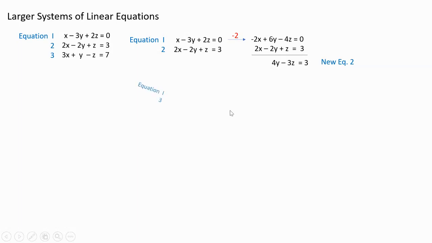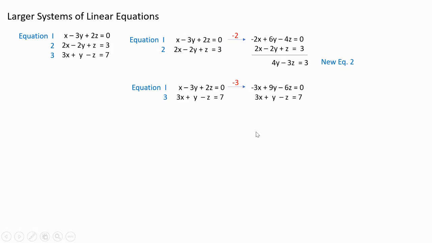Now I repeat the process with equations 1 and 3. Here I'm going to get rid of the x's, so I'm going to multiply equation 1 by negative 3. So I have to execute this step. I should get negative 3x plus 9y minus 6z equals 0, because I multiplied negative 3 times x, negative 3 times negative 3y, and negative 3 times 2z, and this is my result.